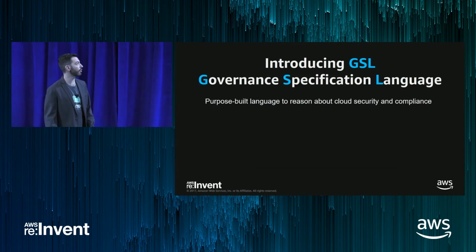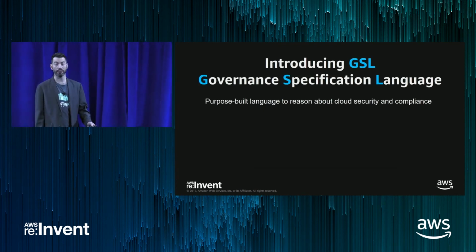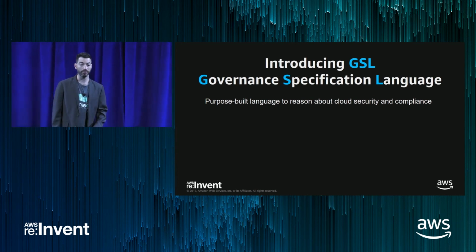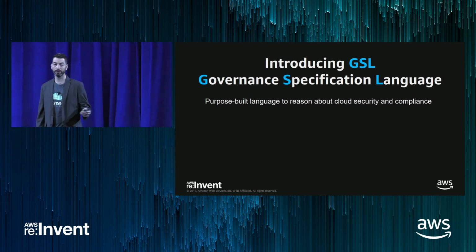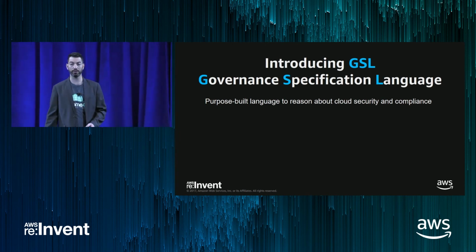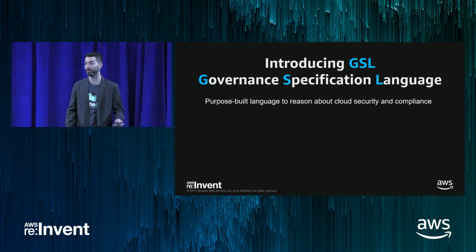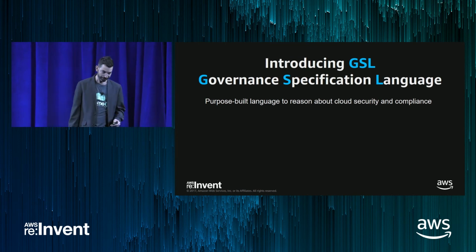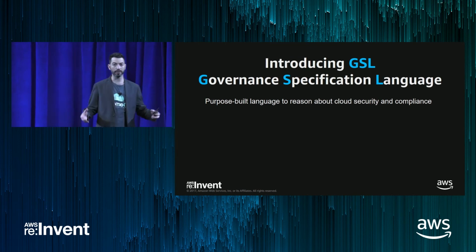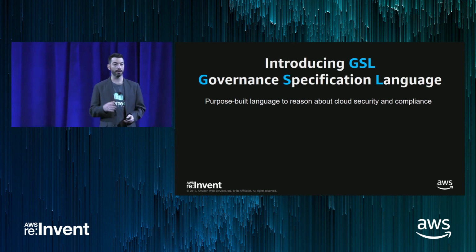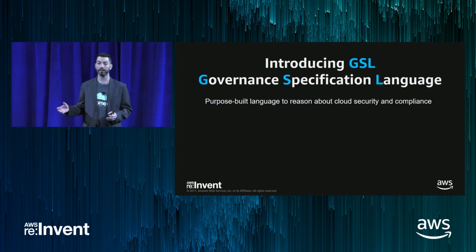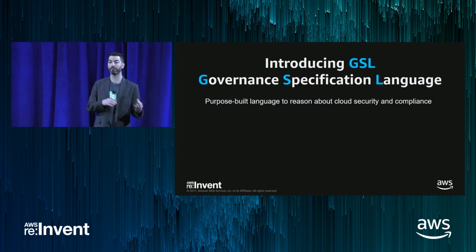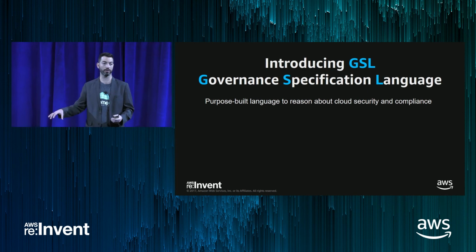So let me now introduce you to GSL, Governance Specification Language. This is a purpose-built language to reason about cloud security and compliance. We have developed that at Dome9 in order to assist with tackling this complex challenge. At the core of it, there is a cloud domain model that is very similar to the Amazon model, but it is oriented to reason about security.